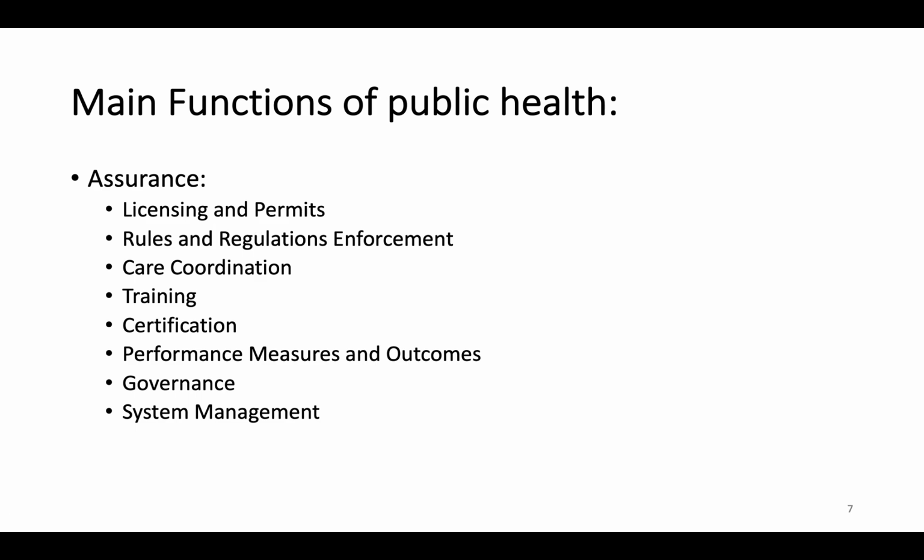You wouldn't let anyone practice medicine without proper certification, so you need some kind of body or rules to make sure that whoever practices is certified. So you need licensing, and rules and regulation enforcement. You need to detect any breach in rules and regulations to enforce them.